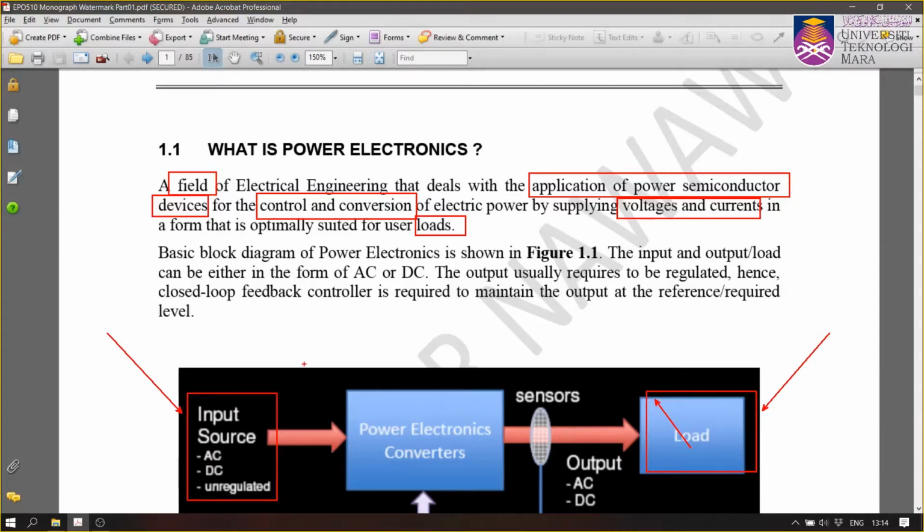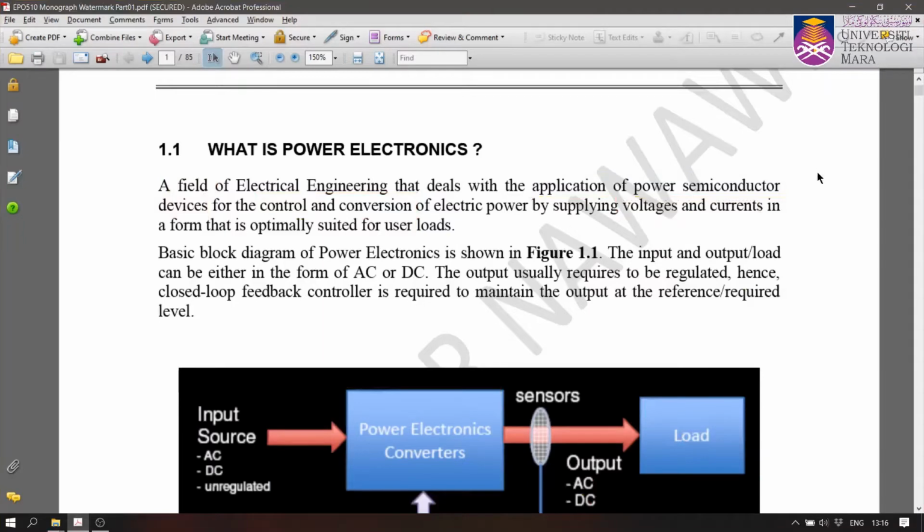So somehow you need power electronic converters that can convert from AC to AC with a different level of output AC. You can also convert from AC to DC in the case of a rectifier, or DC to AC in an inverter, or DC to DC with a different level of output voltage, right? So this is the basic block diagram.